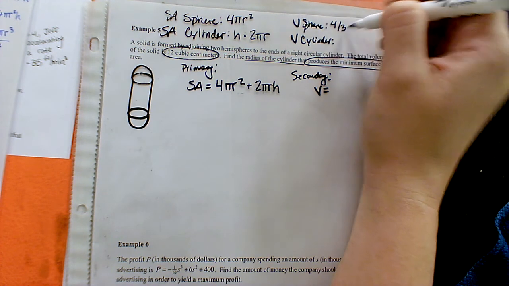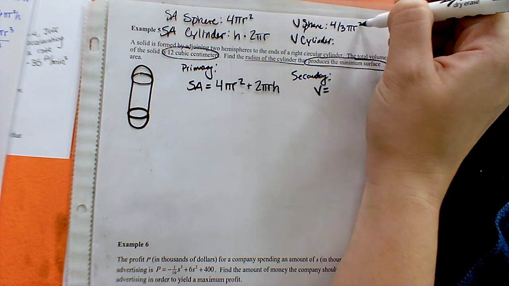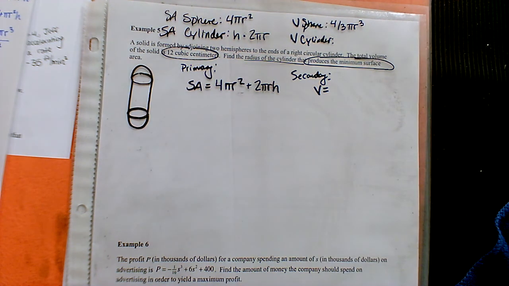So volume of a sphere, 4/3 pi r cubed. Can we think about the volume of a cylinder?